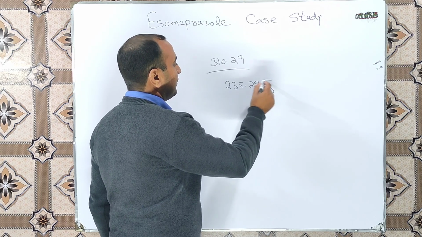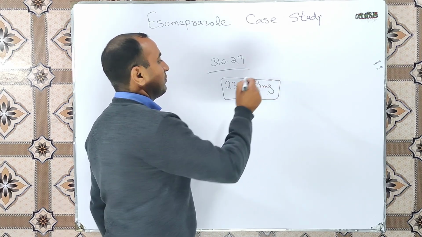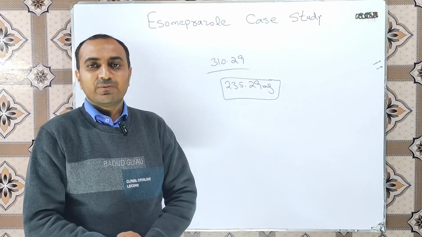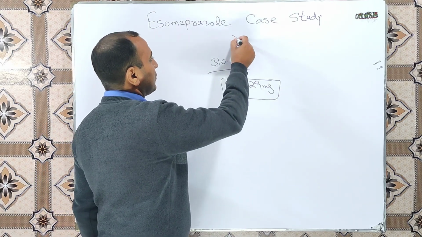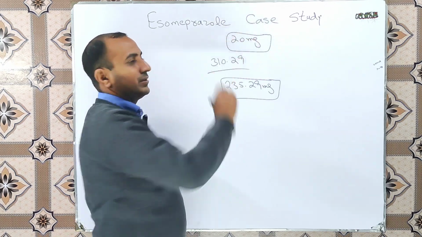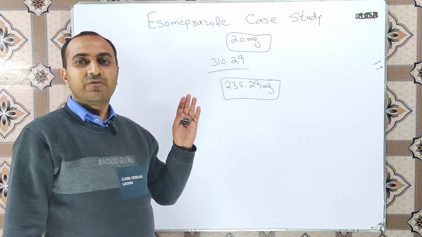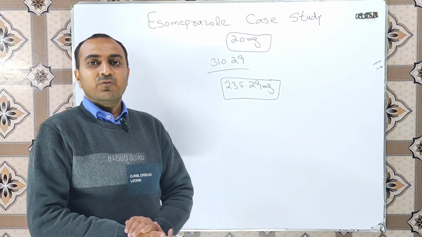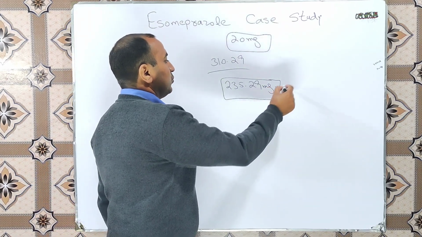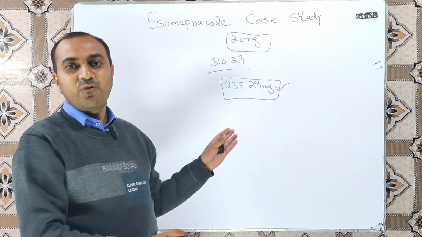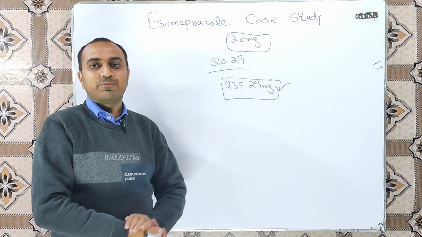235.29 milligram pellets per capsule, and the strength of esomeprazole was 20 milligram. So the production manager asked the pharmacist how do you come to know that we should fill 235.29 milligrams of pellets per capsule.